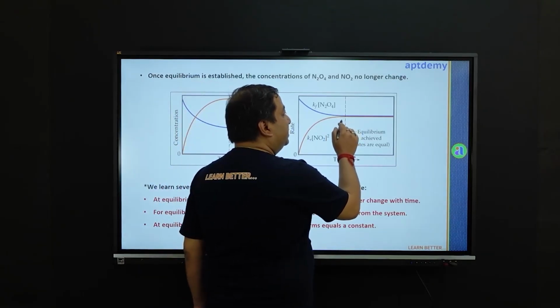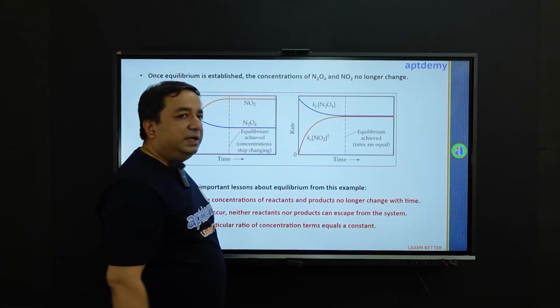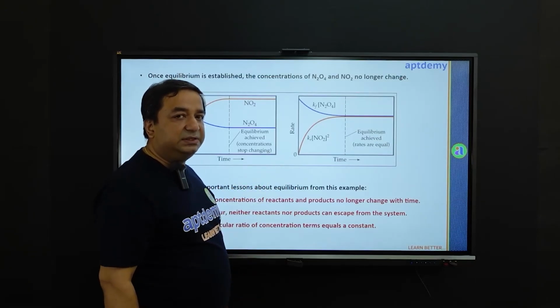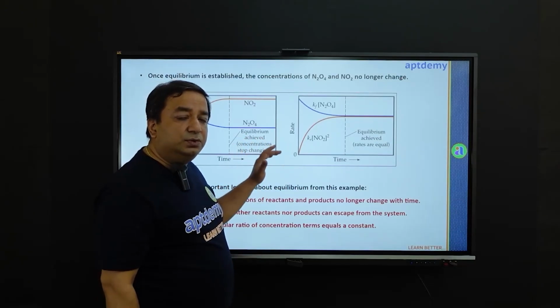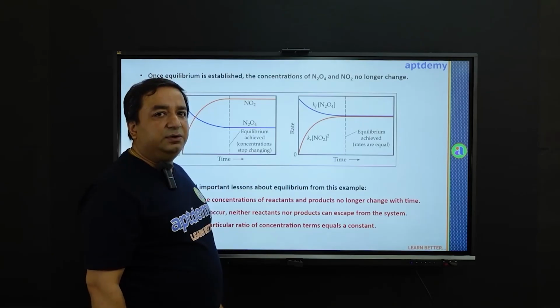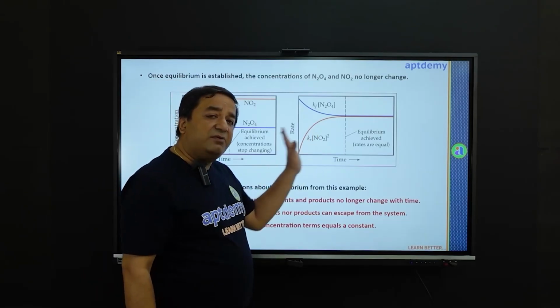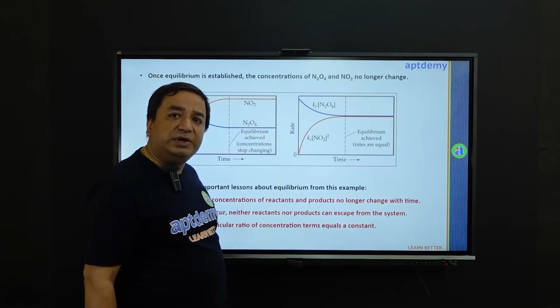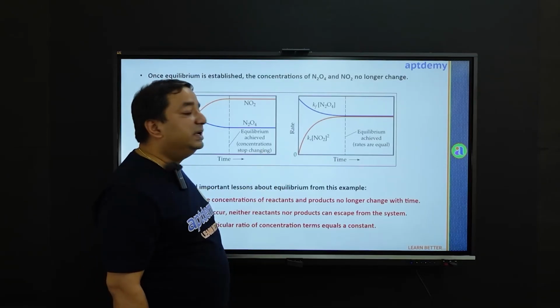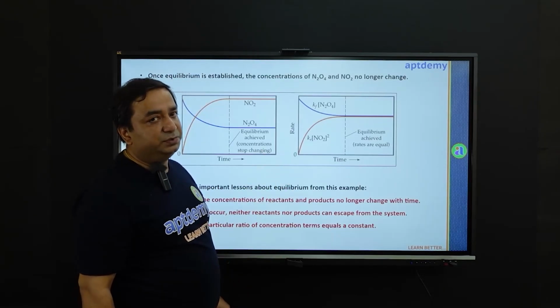At this point, the rate of the forward reaction, the formation of two molecules of NO2 from N2O4, and the rate of the backward reaction, the combination of two NO2 molecules to N2O4, are equal to each other.